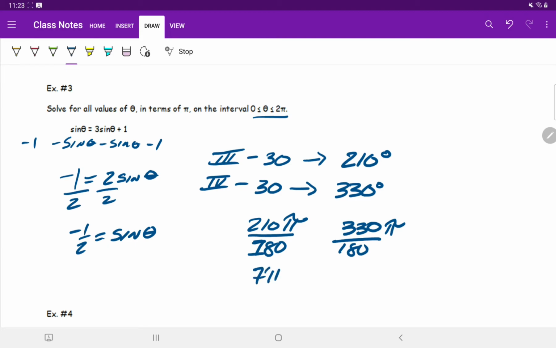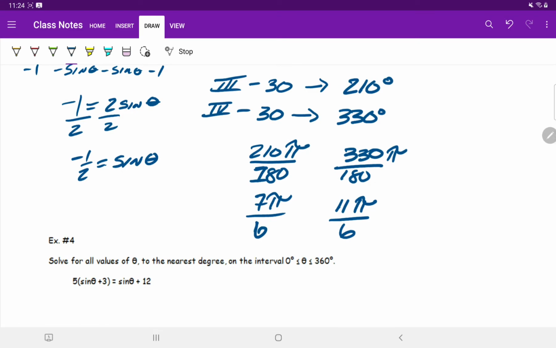So when you simplify, this becomes 7 pi over 6, excuse me, I wrote 18, it's supposed to be 6. And this becomes 11 pi over 6. And those are your answers in radians. It doesn't say to give a decimal approximation, so we just do radians this way.